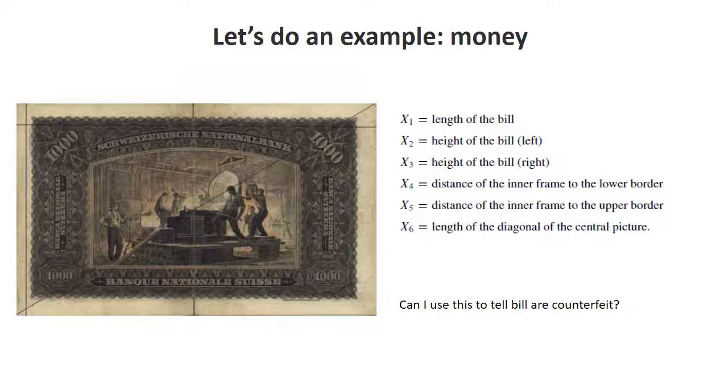So we basically have 6 variables, and we attempt to figure out, first of all, can we use this to predict counterfeit versus not counterfeit if I have some sample data? And secondly, which of those variables are important in determining that? So which are sensitive to determining whether it's genuine versus counterfeit?